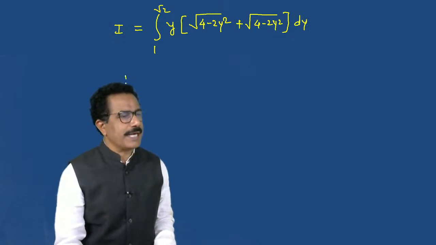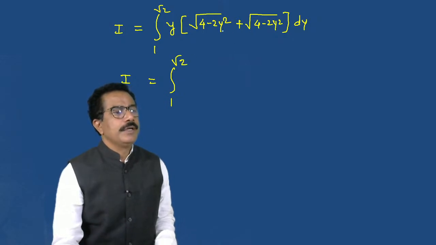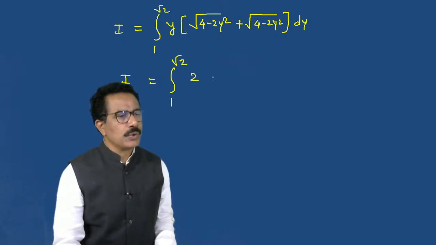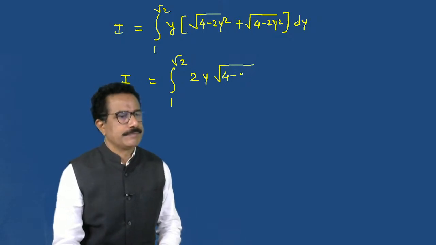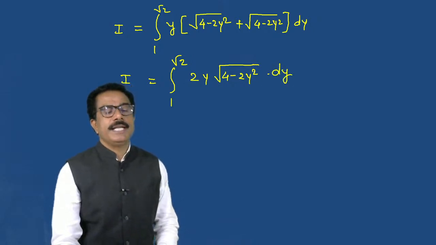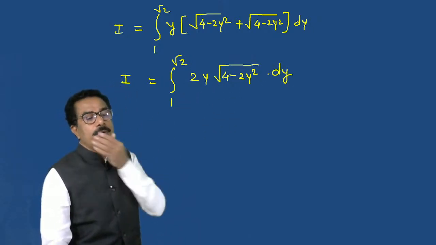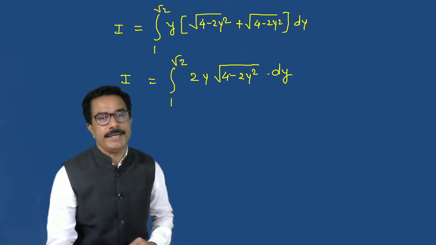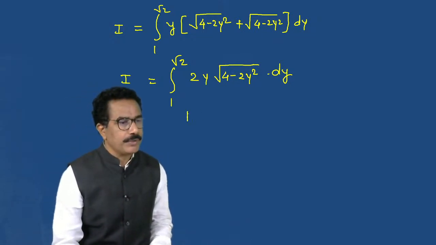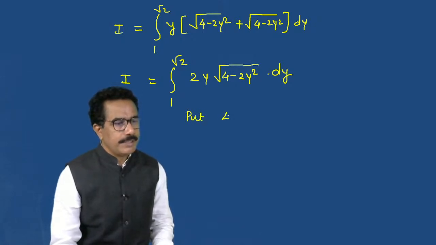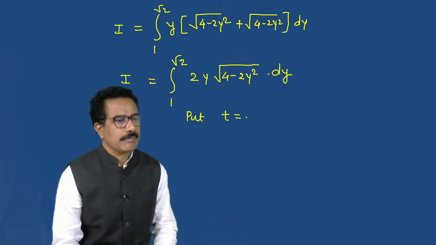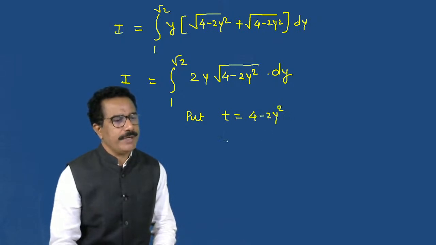That means we can write I is equal to integral from 1 to √2, 2y times √(4 − 2y²) dy. Now solve this using the substitution method. Put t = 4 − 2y².